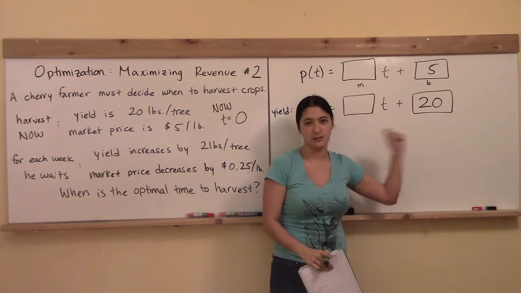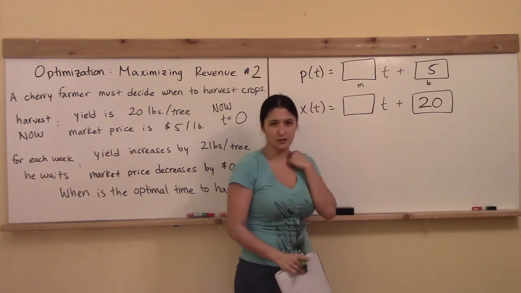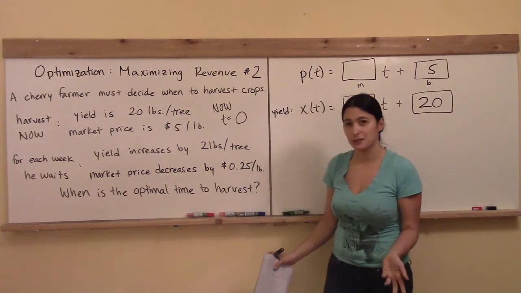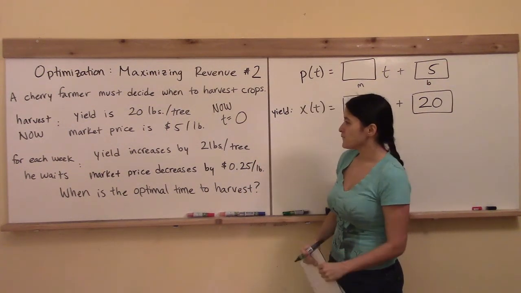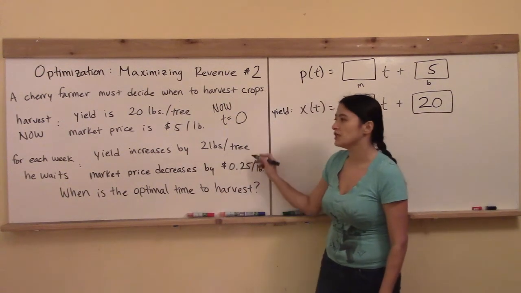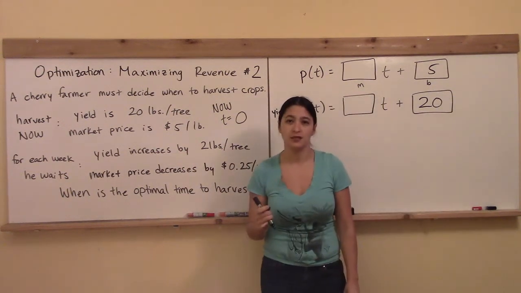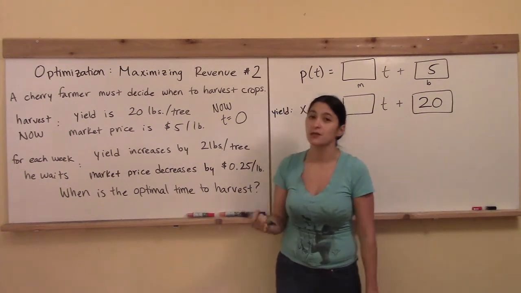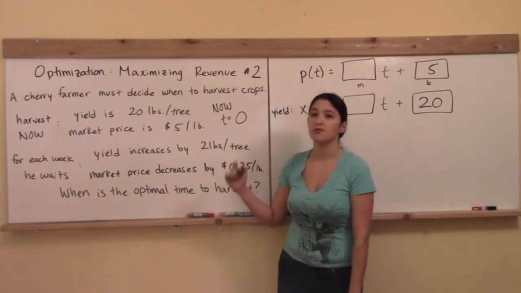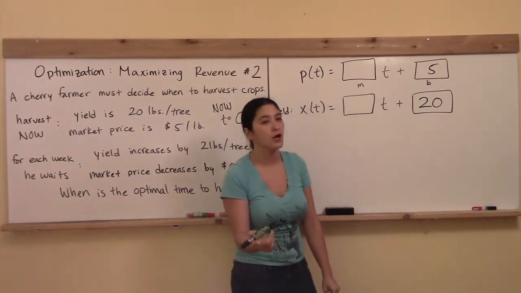But did they also give me the m right inside the words that I can use as a hint? Do you think I could be that lucky today? It says yield increases by 2 pounds per tree for each week that he waits. And remember t is the number of weeks from now. So if I waited 1 week, then it would go up by 2. If I waited 2 weeks, it would go up by 4.